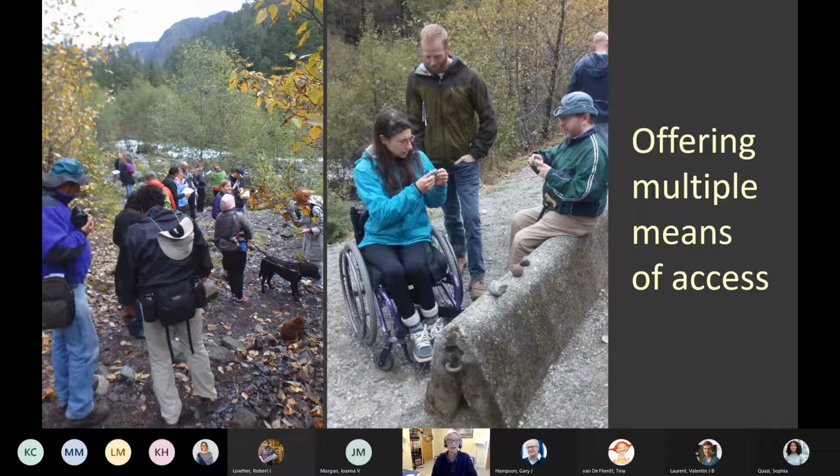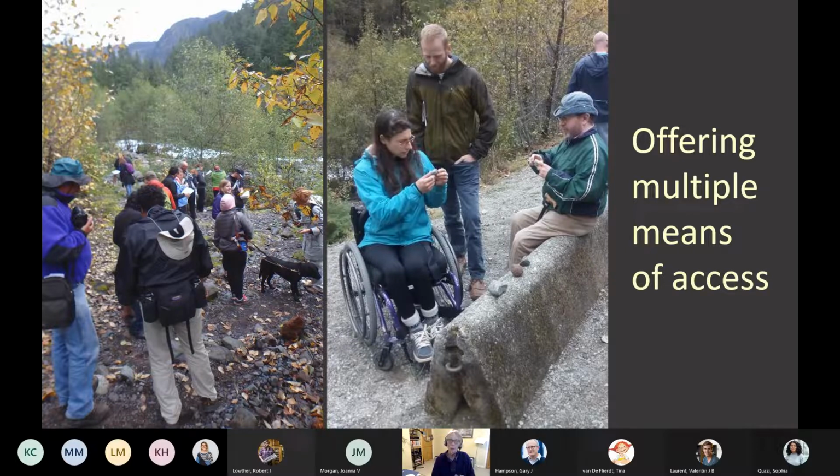This is in a national park with a very clear vista out to the regional geology and the features of interest. So students could choose to stay back in this very flat, accessible parking area and have their buddies or other members of the group go and collect hand specimens for them and bring the geology to them.